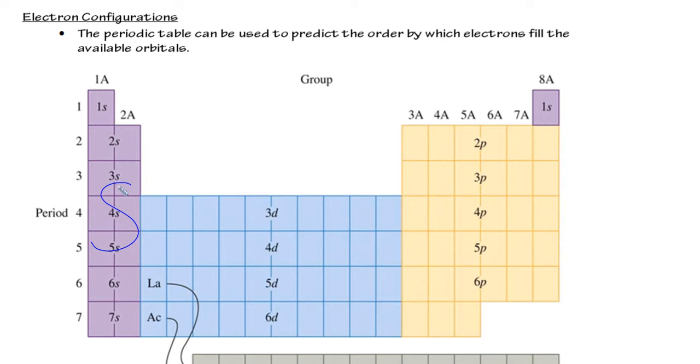Now for electron purposes, I like to write in a little ghost helium. So I get it. Helium is not an alkaline earth metal. I'm just making a little pretend helium, a little ghost helium.